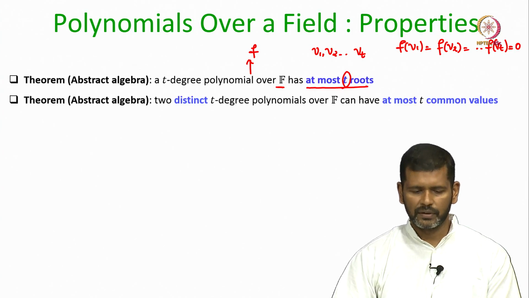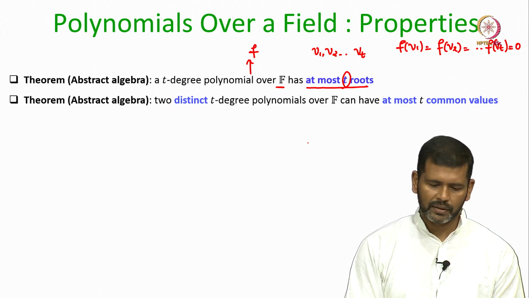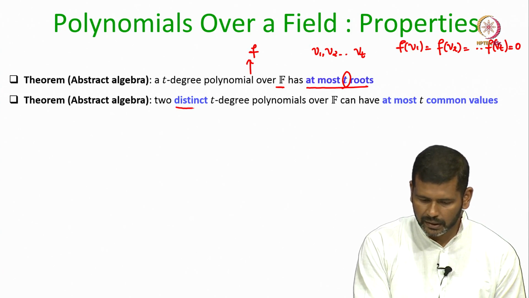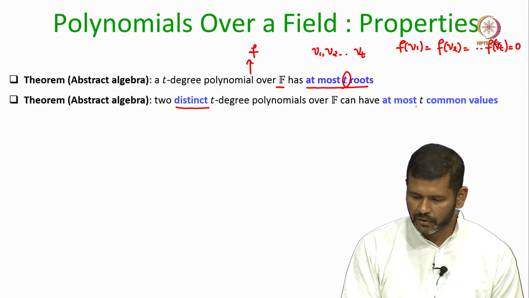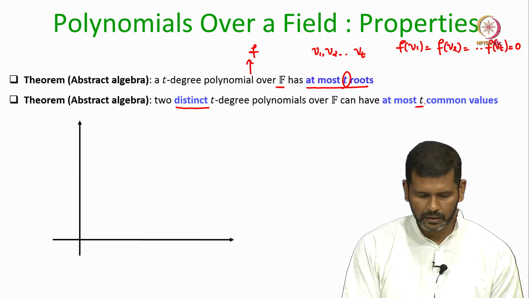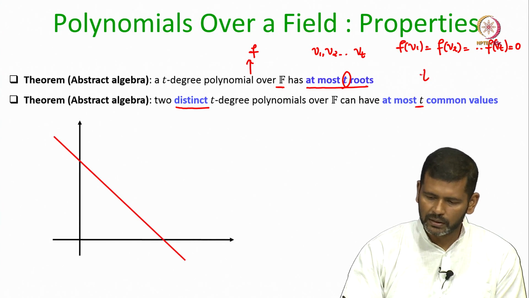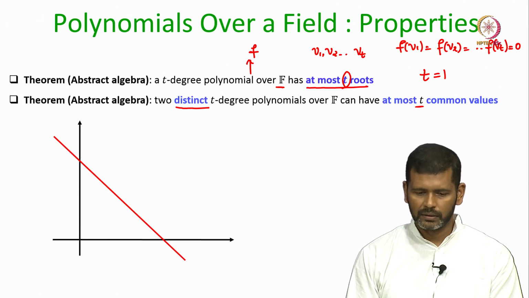Based on this result we can derive another result which states that if you take any two different t degree polynomials, then they can have at most t common values. Pictorially, for instance, if I take t equal to 1, then a polynomial of degree 1 is nothing but a straight line.